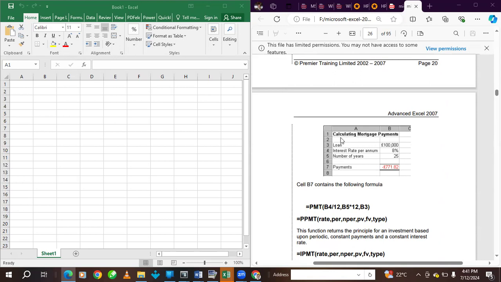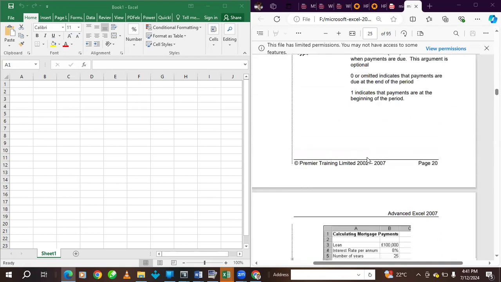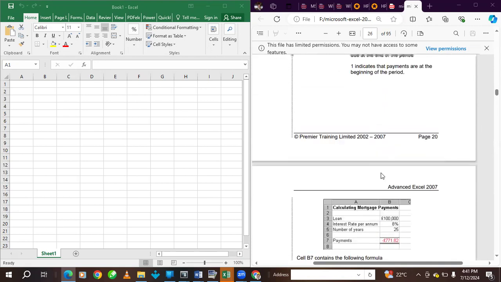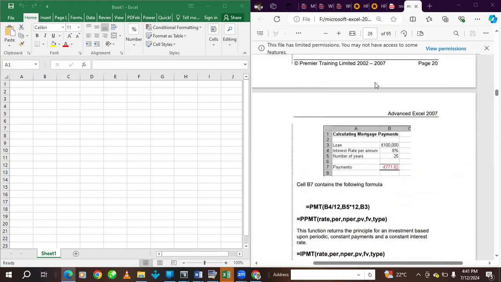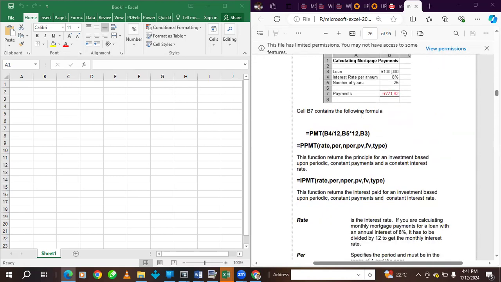In this data sheet, we are calculating the mortgage payment. We have the loan, the interest, and the number of years. Let me key in very fast so that you can check on it as we do the calculation.